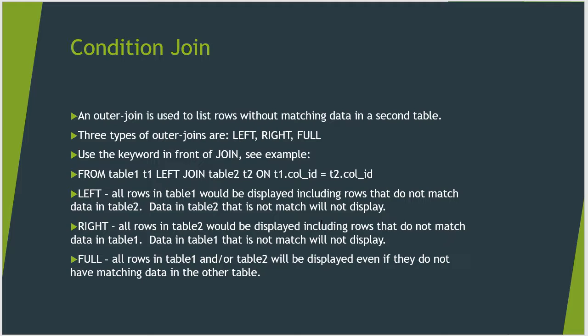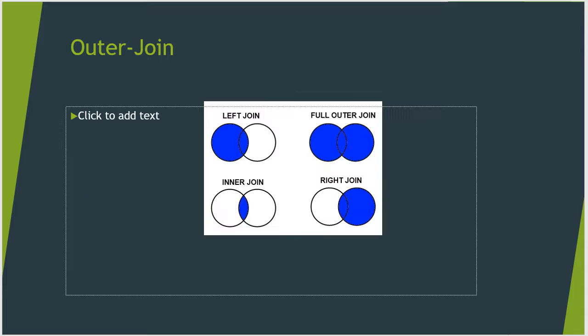The third type is a full join. All rows in table 1 and 2, whether they match or not, will be displayed to the screen. A graphic representation of this may be easier to understand.